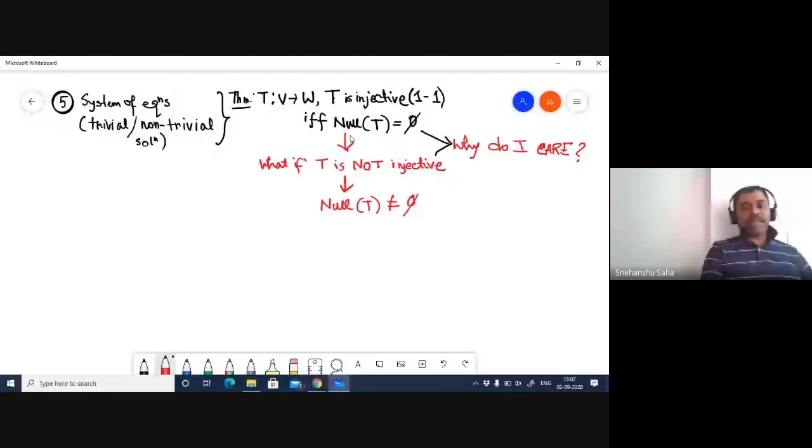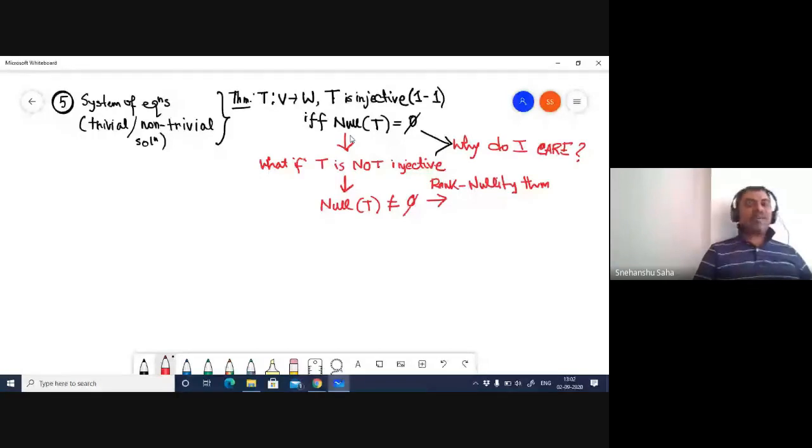If the null space of T is not equal to 0, then you go back to the rank nullity theorem. That means the null space itself contains vectors other than 0, isn't it?